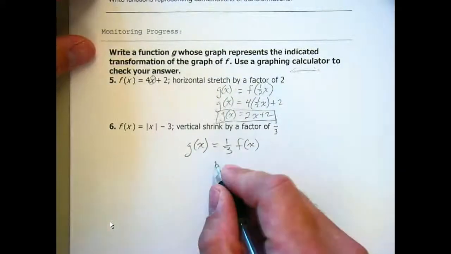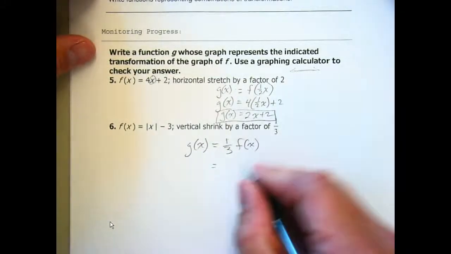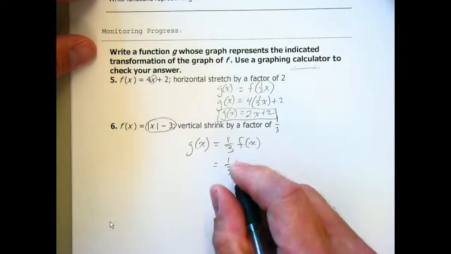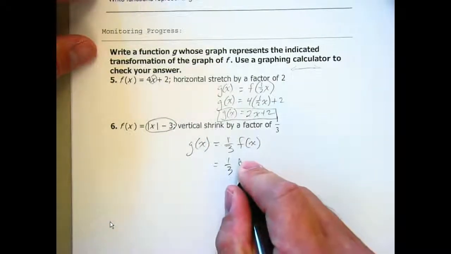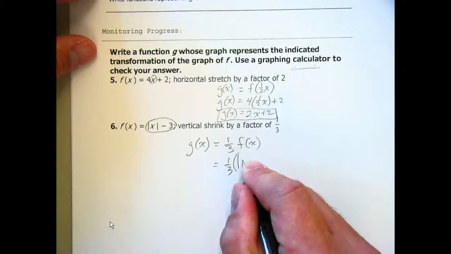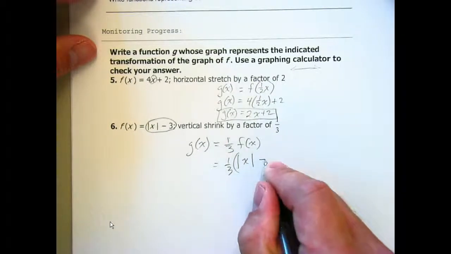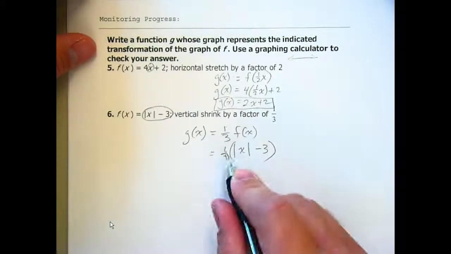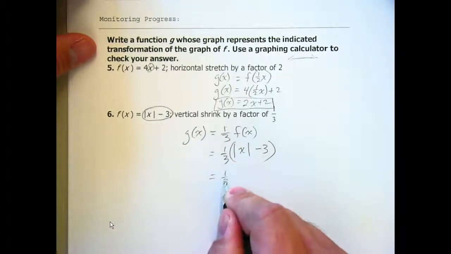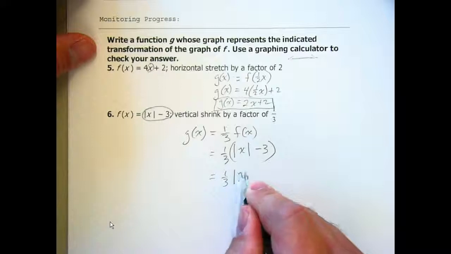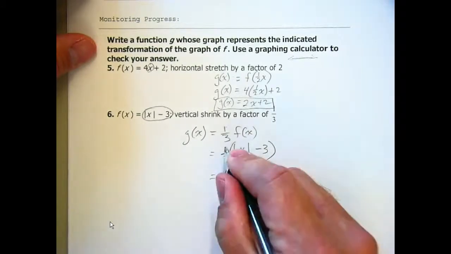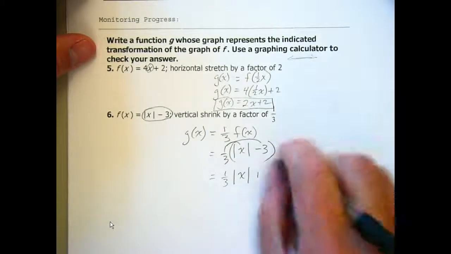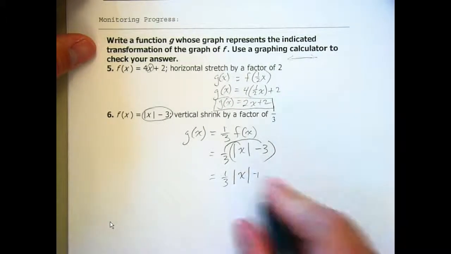Anyway, that gives me 1/3 of f of x, which is f of x equals that, so we take 1/3 of all of that: absolute value of x minus 3. Be careful, because now you distribute the 1/3. It becomes 1/3 of absolute value of x, and this goes, that's minus 1.